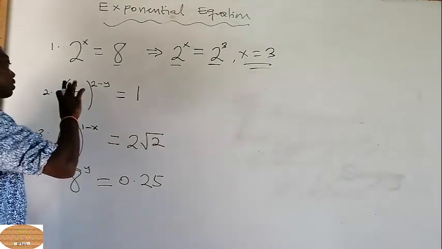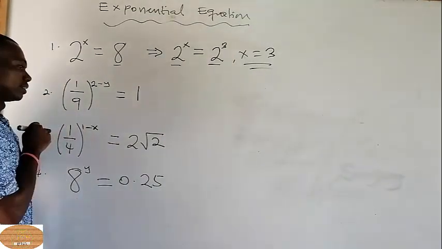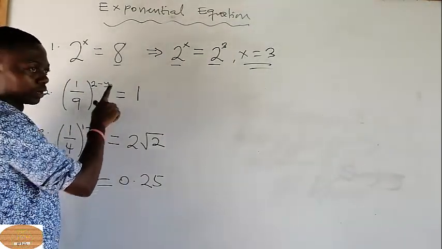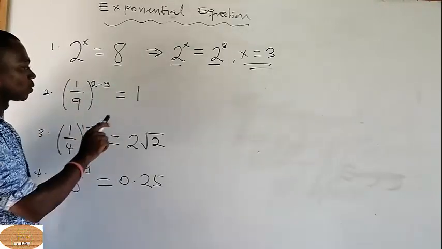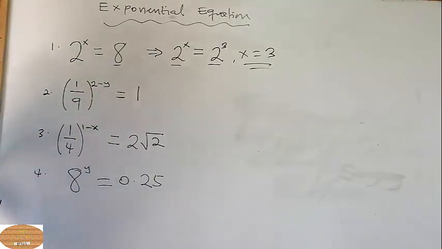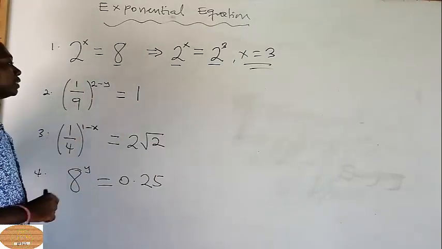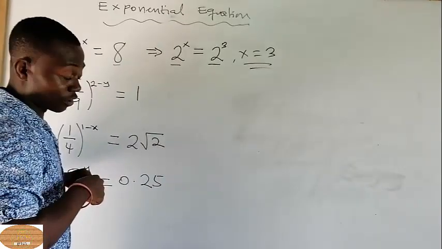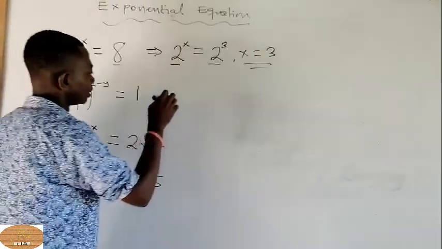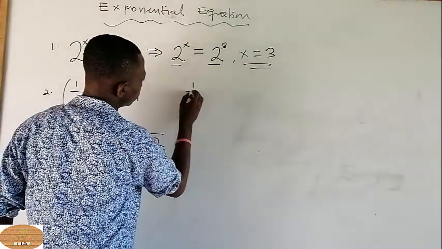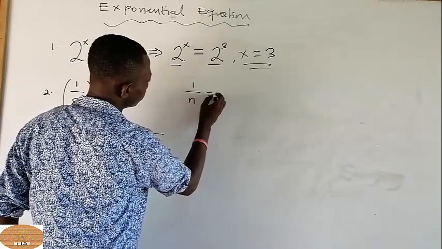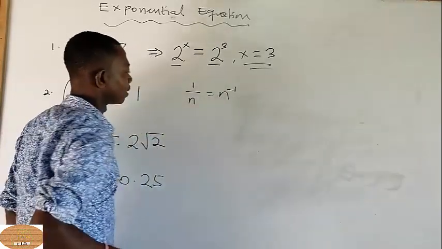Now this one I have 1 over 9 all to the power 2 minus y equals 1. I'll first deal with this one. We know from lesson 1 that 1 over n is the same as n to the power minus 1.